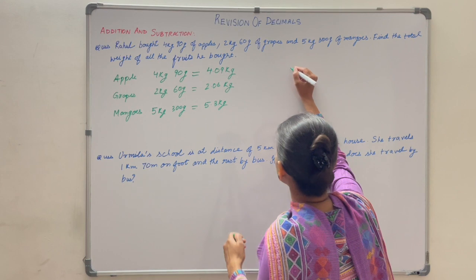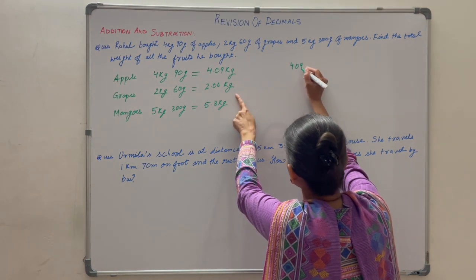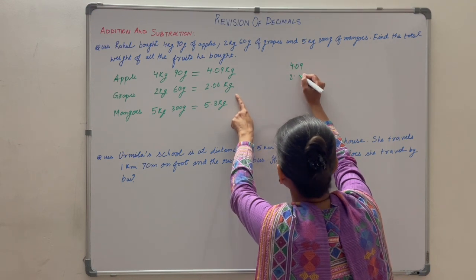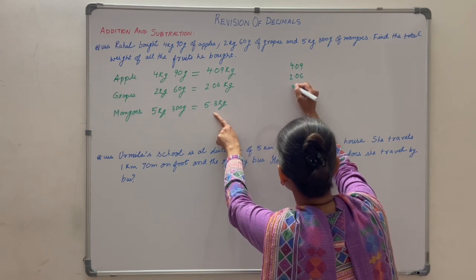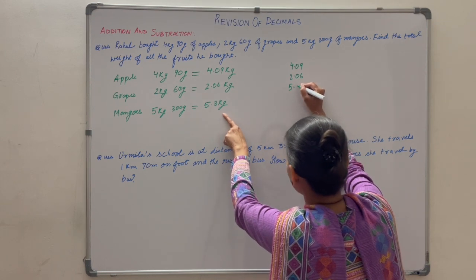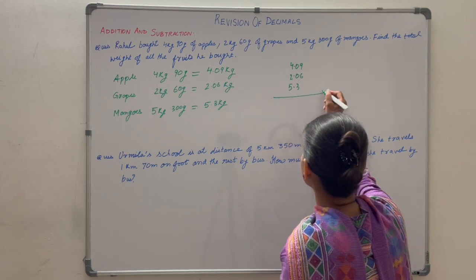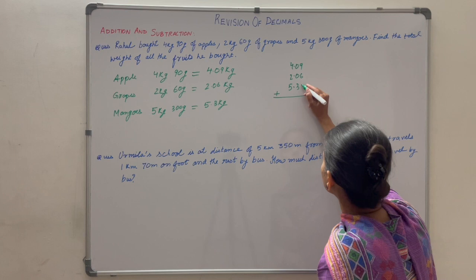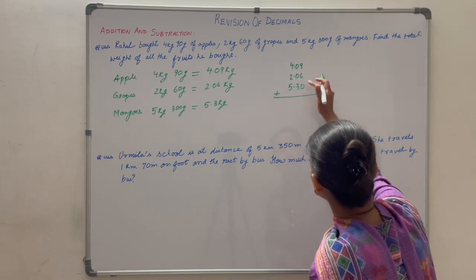So to add all these weights, I am going to write 4.09. When you write this, make sure you put the decimal point below the decimal point. So this is 2.06. Similarly, when you write the next one, put the decimal point below the decimal point and then write down the numbers accordingly. Now you need to add, first the hundredth place. 9 plus 6 is 15.